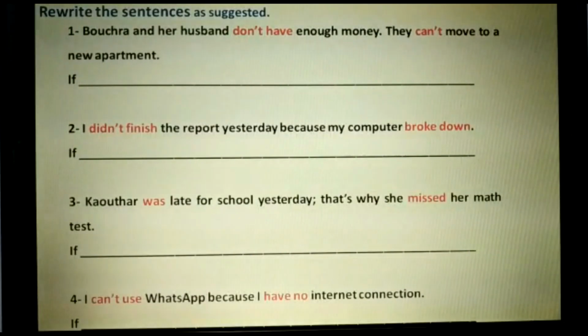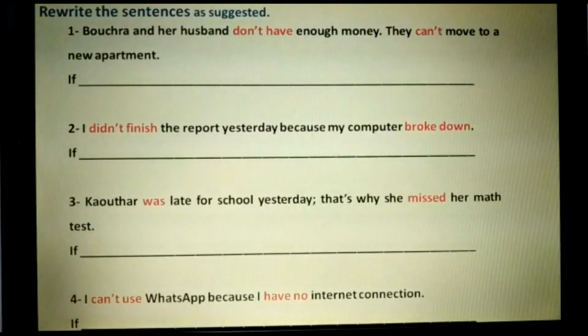Let's practice. Rewrite the sentences as suggested. Bushra and her husband don't have enough money. They can't move to a new apartment. And they give you "if" at the beginning of the conditional sentence. So let me remind you of something before getting started.